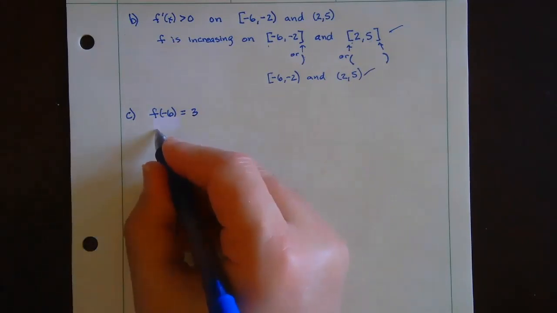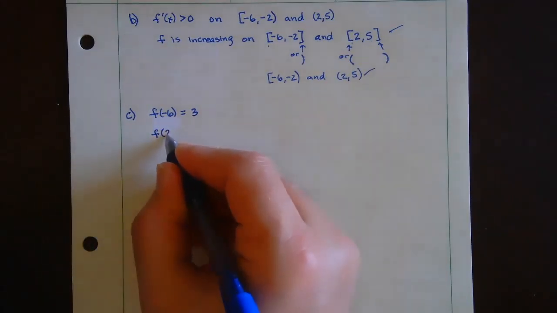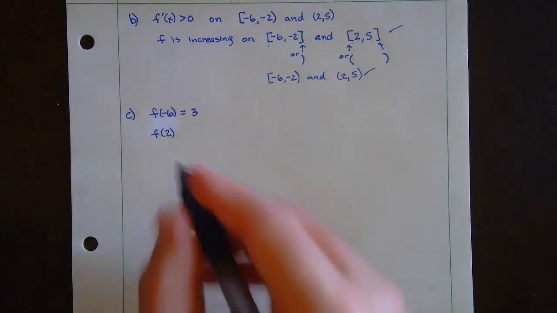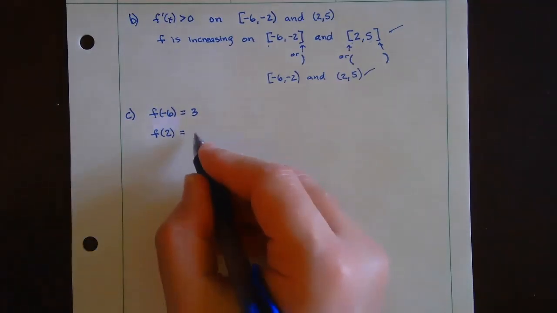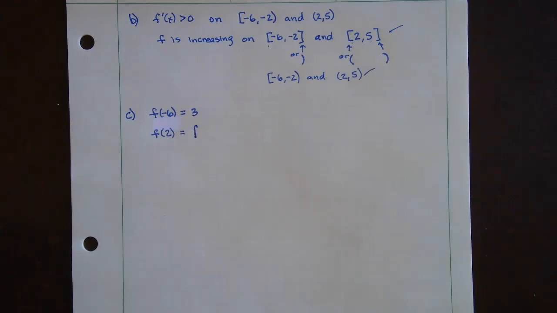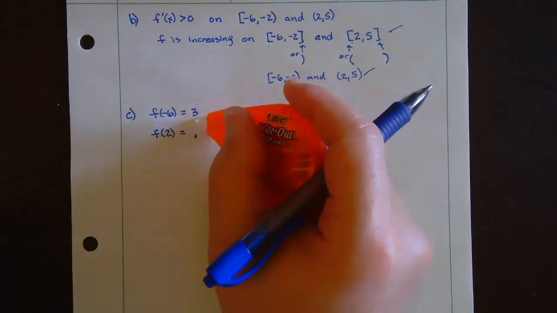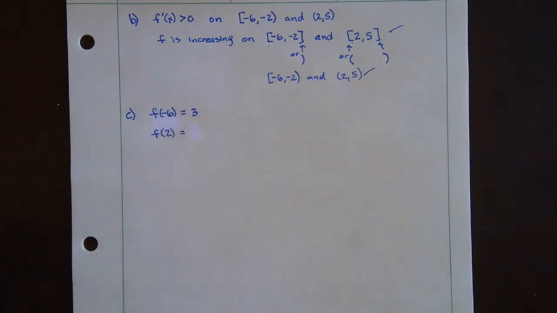We also need to find f of 2. Why f of 2? Because that's where the derivative changes from being negative to positive. So that means we're going to find the integral. We're going to want to define this.